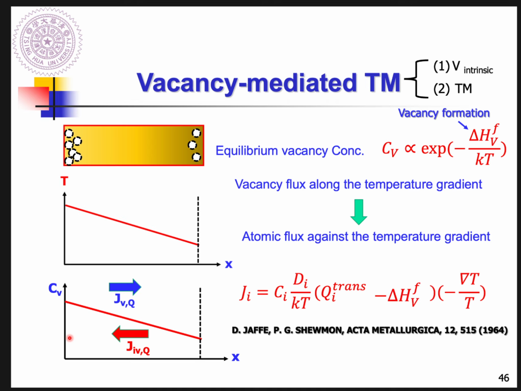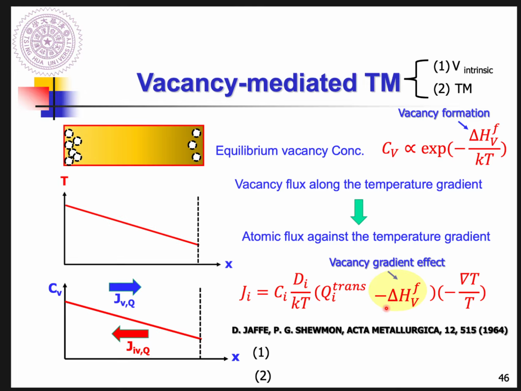But if you add the second factor you learned in prior slides, which is the heat of transport for these metals. Before we talk about this, I just give you the results, proven by this paper published in 1964.